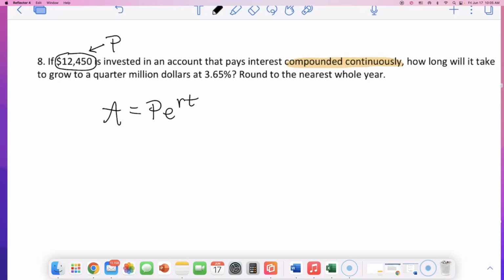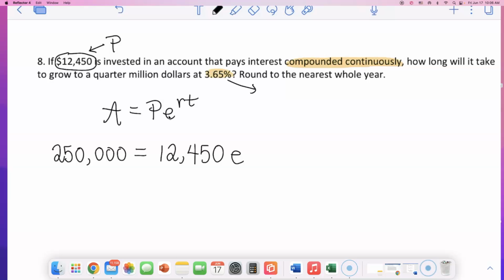So let's put that down as A. $250,000 is the goal amount, but we are starting with $12,450. All right, let's write down what else we know. e is just a constant, so you write down the e, but we're raising that to the rate. What's the rate?